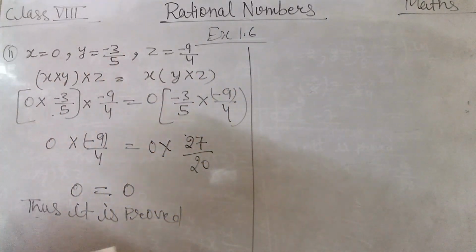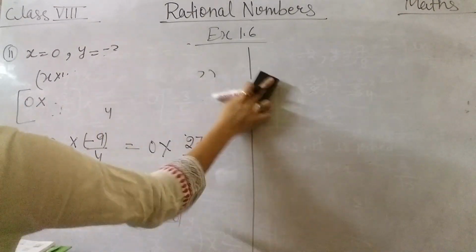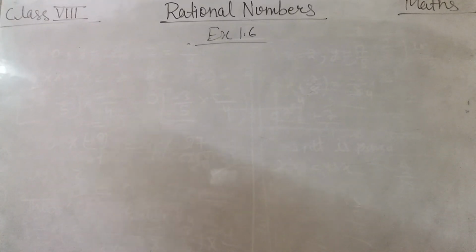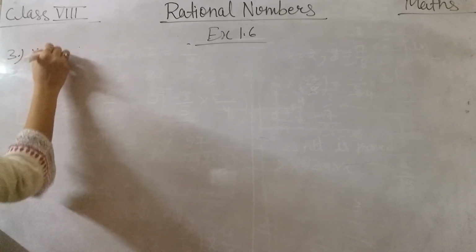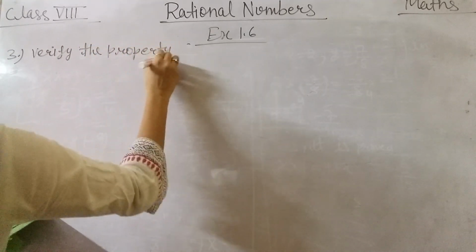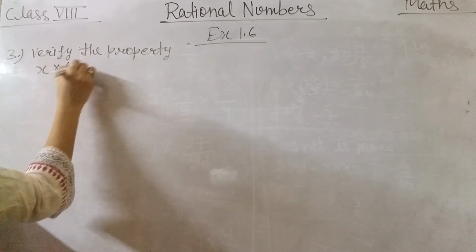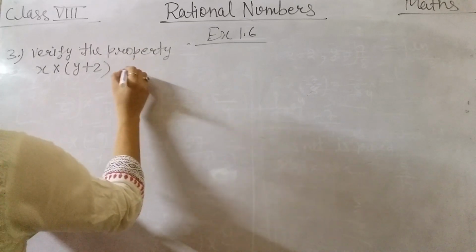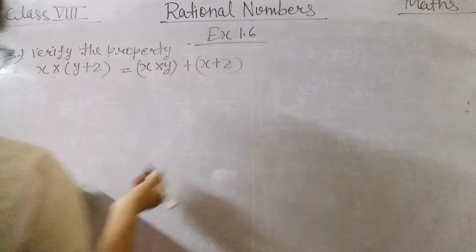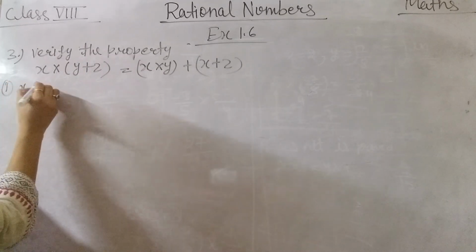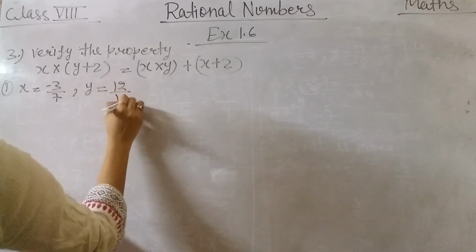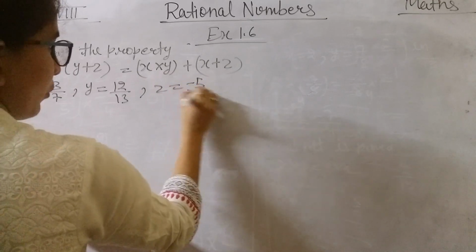Now we have question number 3rd. Verify the property x into y plus z is equal to x into y plus x into z, where x is minus 3 upon 7, y is 12 upon 13 and z is minus 5 upon 6.